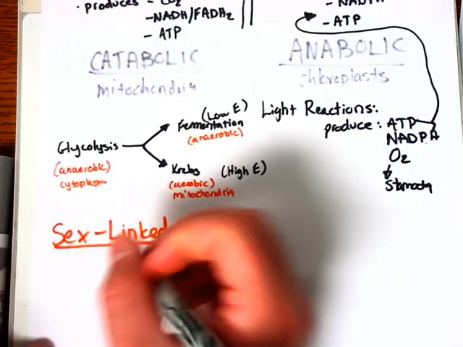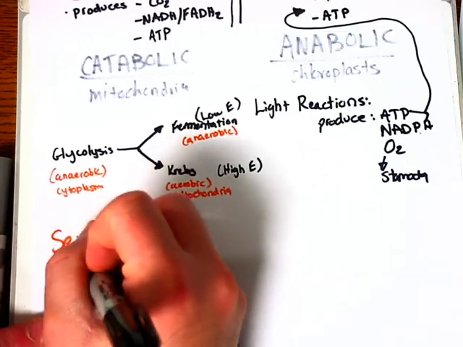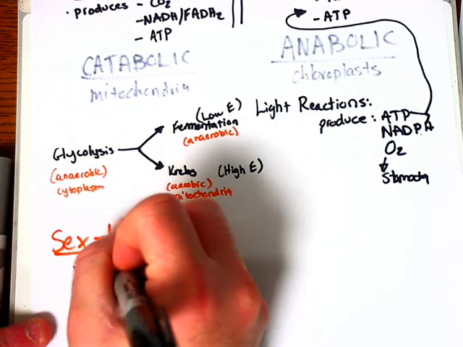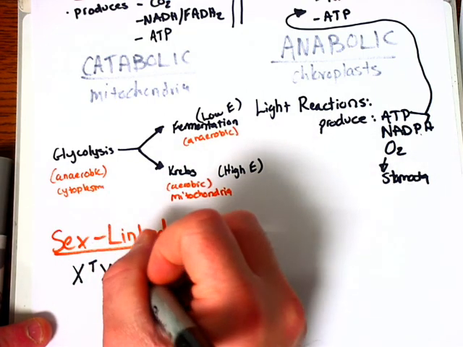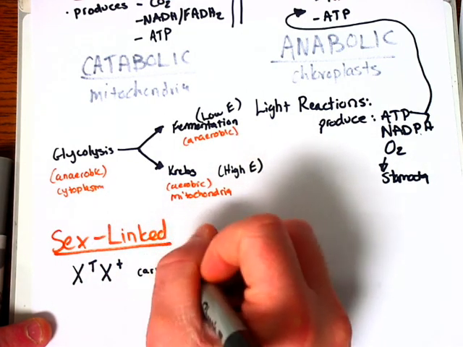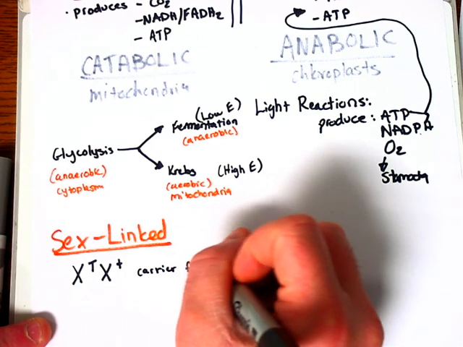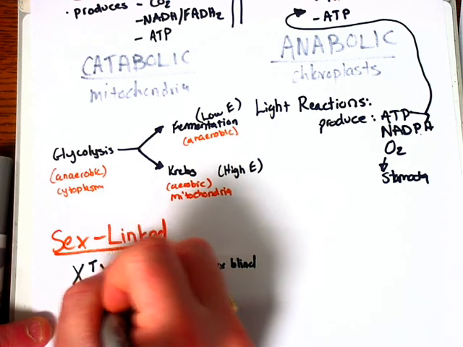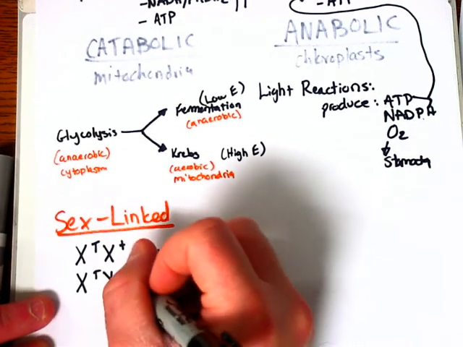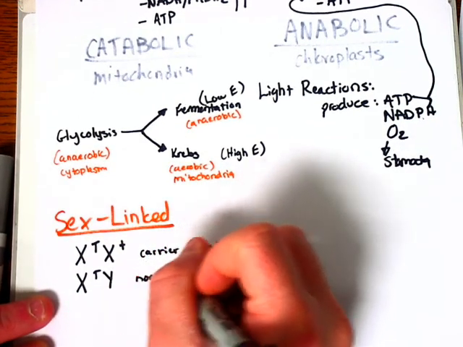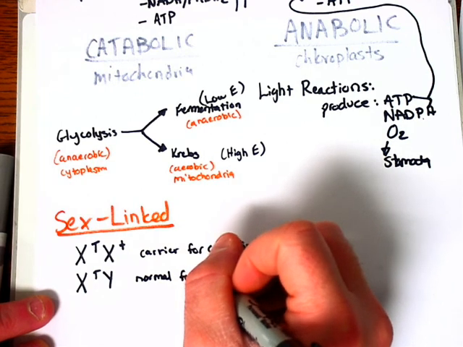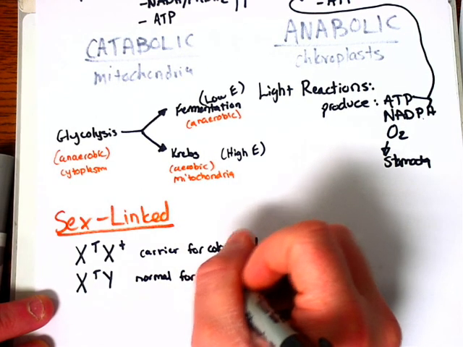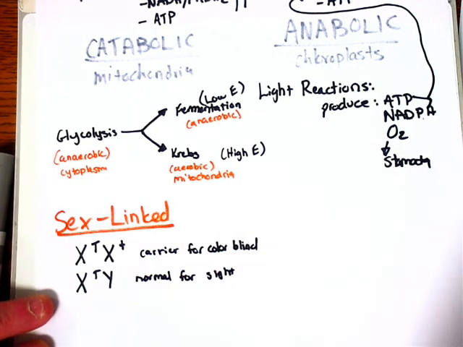Let's say that there's a woman that's X^T X^t for colorblindness, which means she is a carrier for being colorblind. And let's say that there's a male who is X^T Y, which means he is normal for sight.